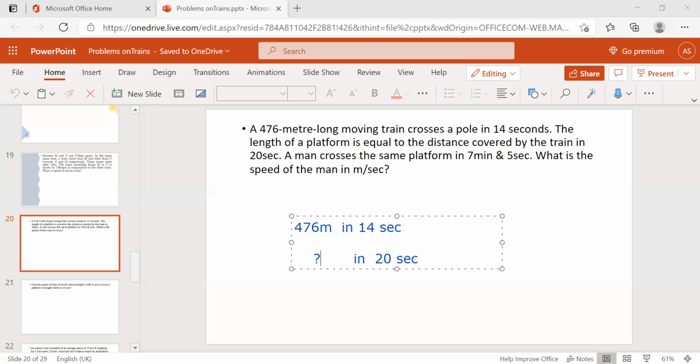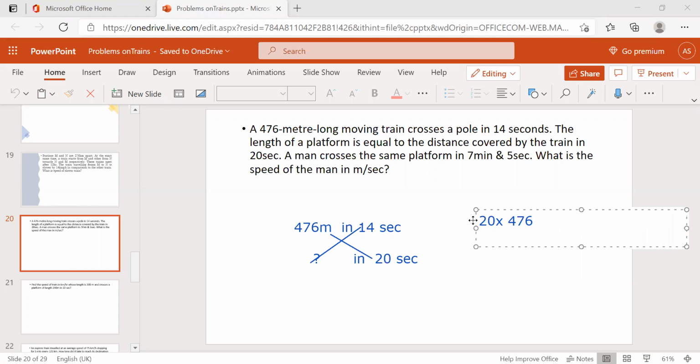Just do cross multiplication, and we'll get the platform length directly. See here, 20 into 476 divided by 14 equals the platform length.